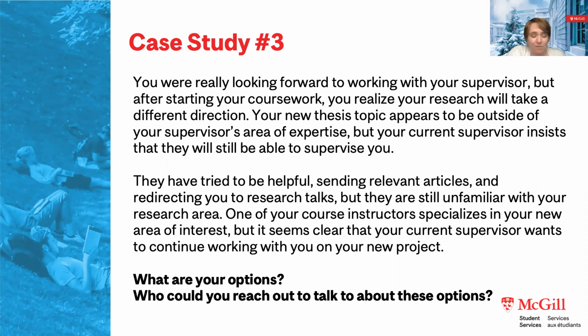They have tried to be helpful, sending relevant articles and redirecting you to research talks, but they're still unfamiliar with your research area. One of your course instructors specializes in your new area of interest, but it seems clear that your current supervisor wants to continue working with you on your new project. What are your options here? And who could you reach out to talk about your options?